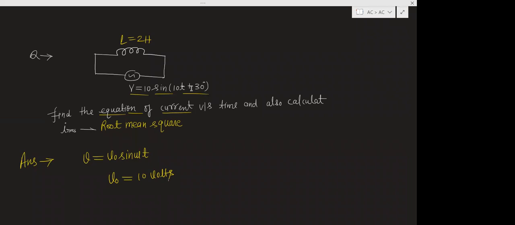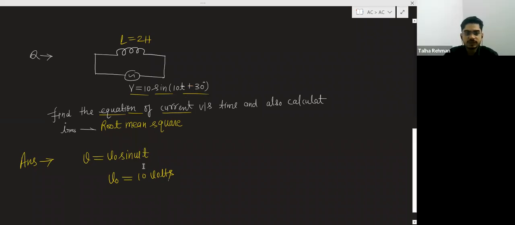So you can write this in this form: 10 sine. Basically, first we will calculate what is the omega and what is the peak value of the voltage.